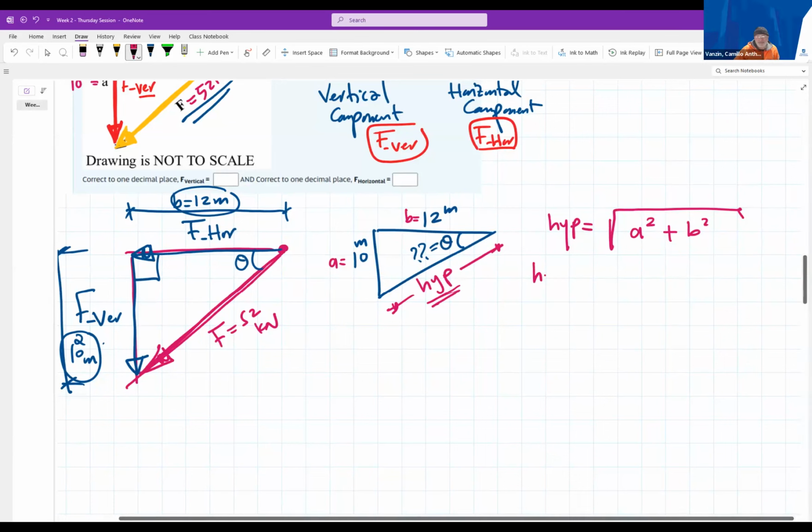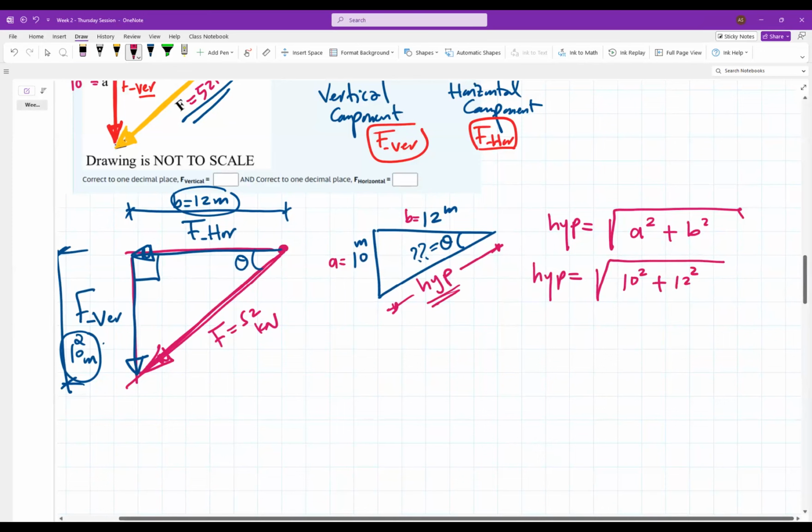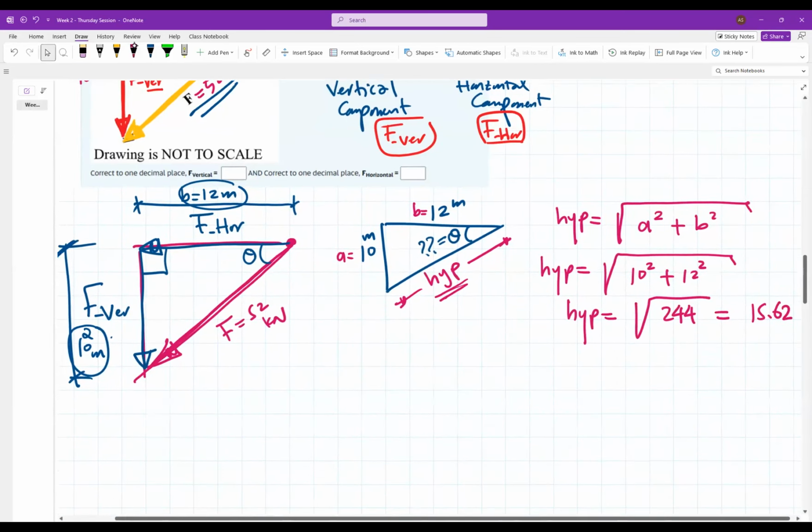So the hypotenuse in this example will be the root of 10 squared plus 12 squared, which is the root of 244, which equals 15.62 meter.